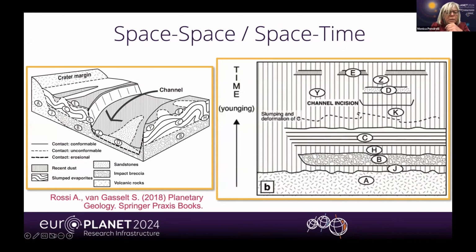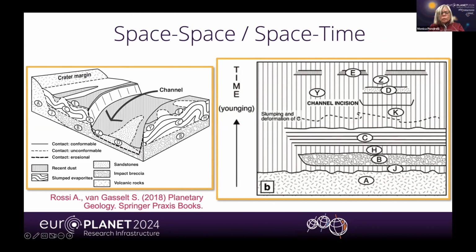Then all of this succession was cut by this channel, which later on deposited some fluvial material. After all of this, the entire succession was draped by Aeolian dust, recent dust deposits. This representation allows you to estimate the relative timing between the different units.